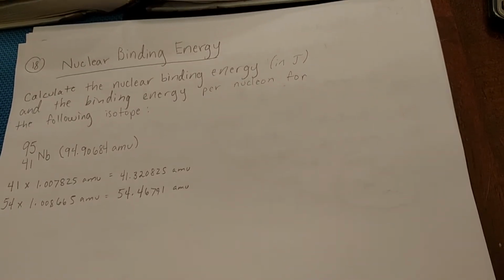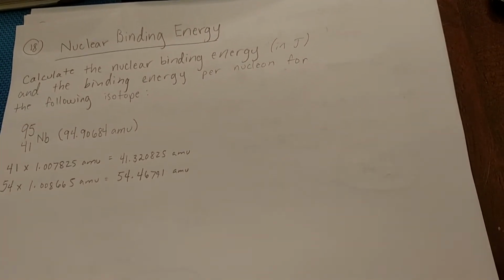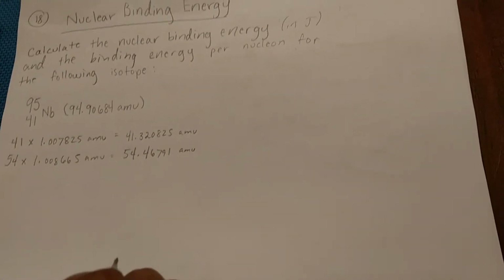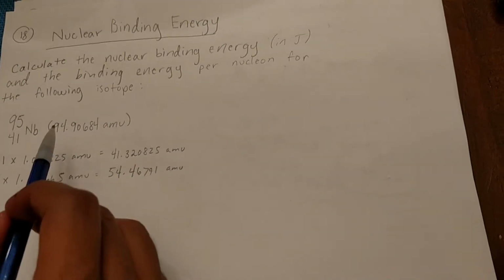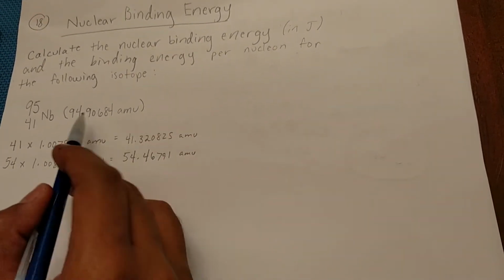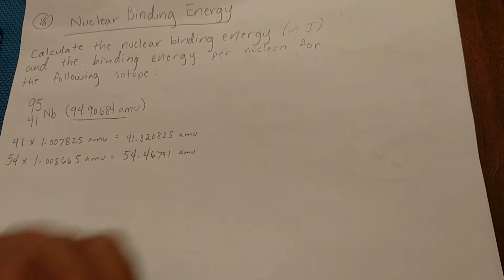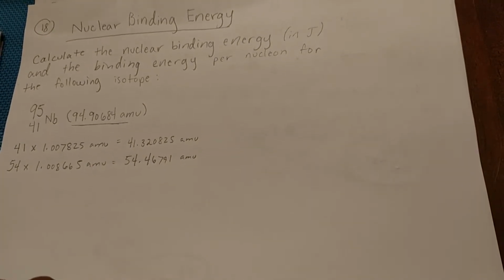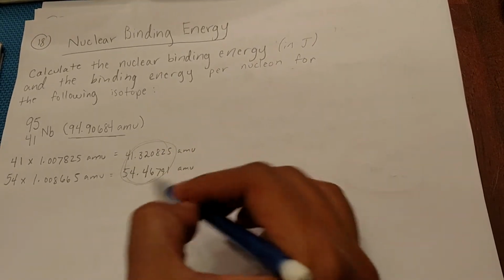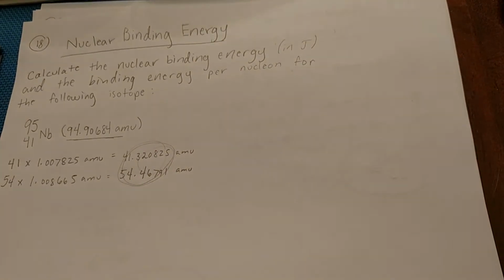Now we want to solve for delta M, which is the change in mass. To do this, we take the 94.90684 AMU that we were given in the beginning, and we subtract the addition of these two products.